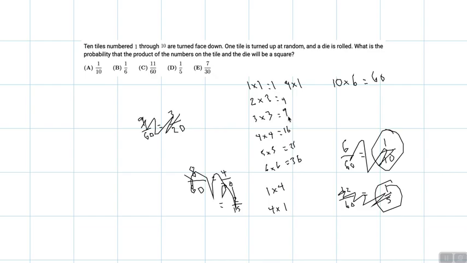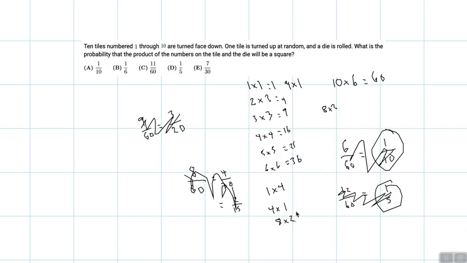We could have 9 times 1. For 16, we could have 8 times 2. Yeah, and that would do it. 25, no. And then yeah, so I'll add 8 times 2.